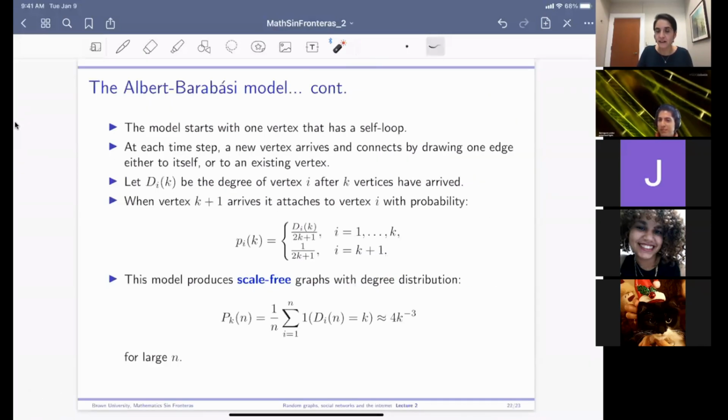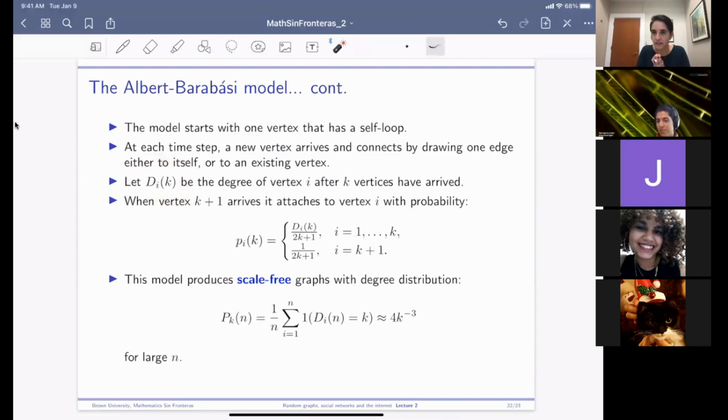Specifically, this is a simple model, and the way we do it is we assume that each new vertex comes in at time i, let's say. We're going to number vertices in the order in which they arrive. And we're going to call d_i(k) the degree of vertex i after k vertices have arrived, so at time k.